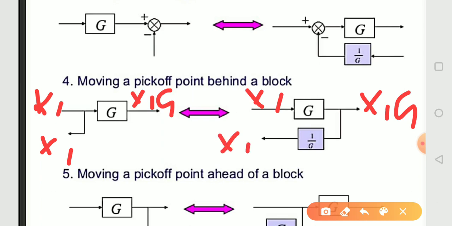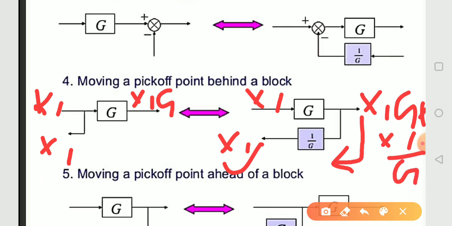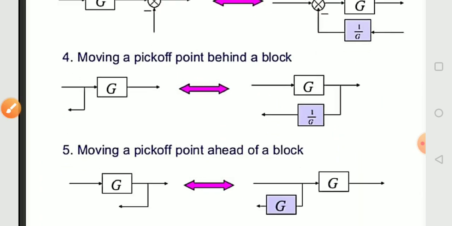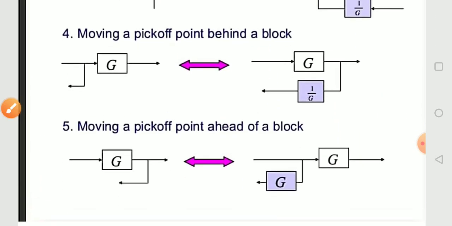So if this x1 into G is going to the input side, and we want x1 here, then it is necessary to multiply by 1 over G. By this the gain is cancelled, and we can get the x1 signal. So here also we can get the same takeoff point.